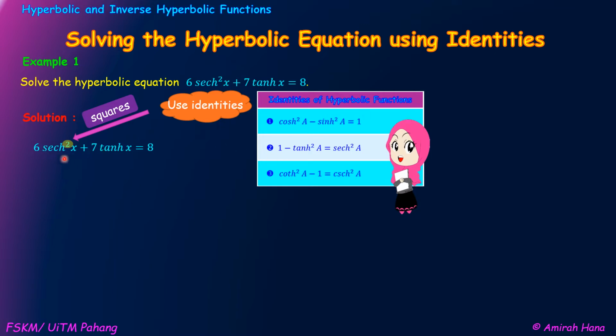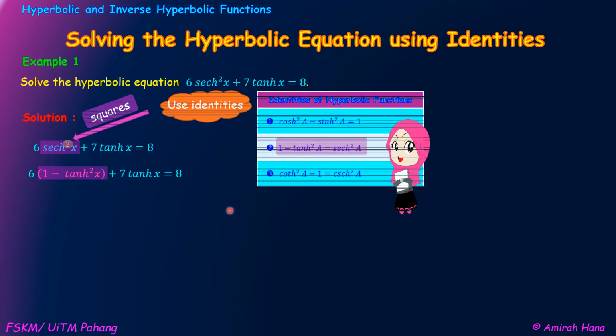We can use 1 minus tanh squared a equals sech squared a. So we can write sech squared x equals 1 minus tanh squared x using this formula.